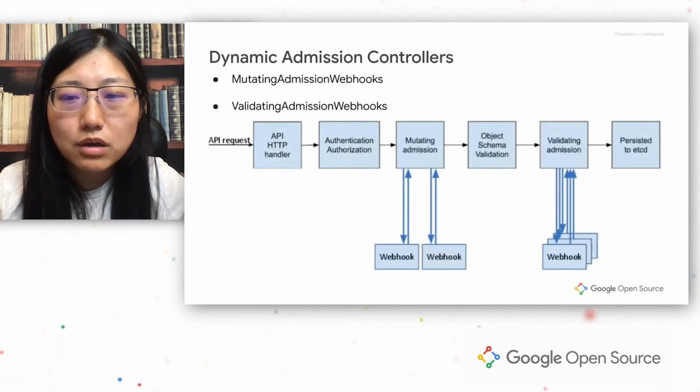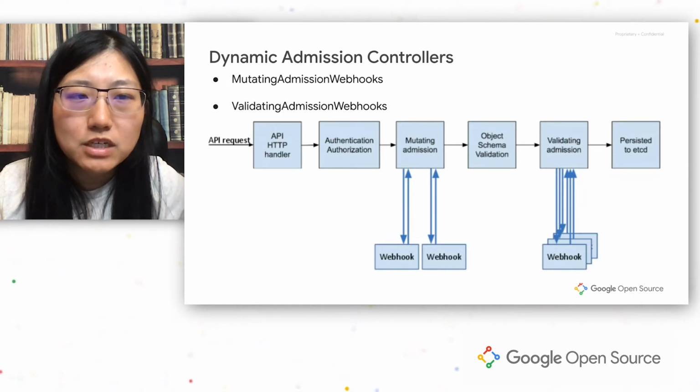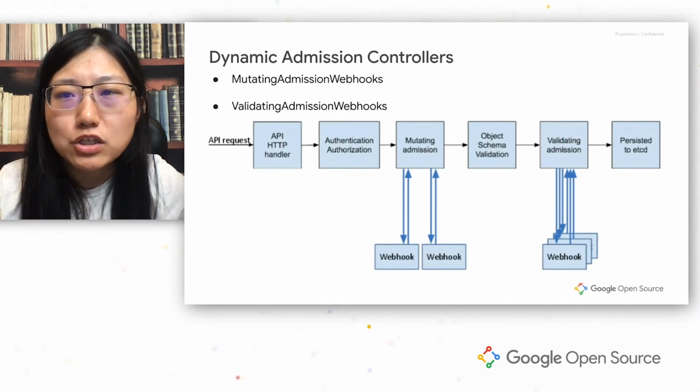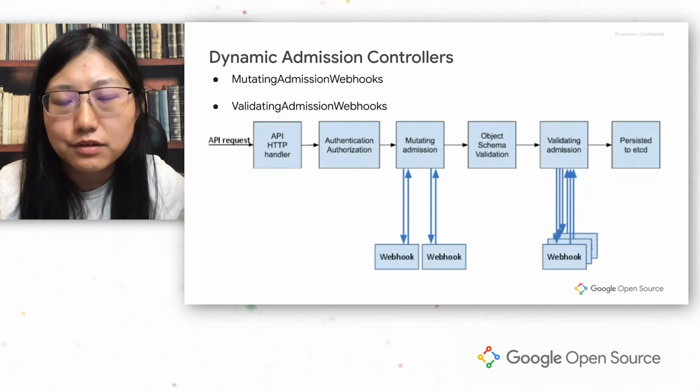Among those admission controllers shipped with Kubernetes, two take a special role because of their nearly limitless flexibility: mutating admission webhooks and validating admission webhooks. They do not implement any policy decision logic themselves. Instead, the respective action is obtained from a REST endpoint of a service running inside the cluster.